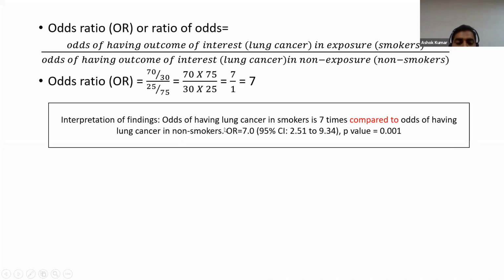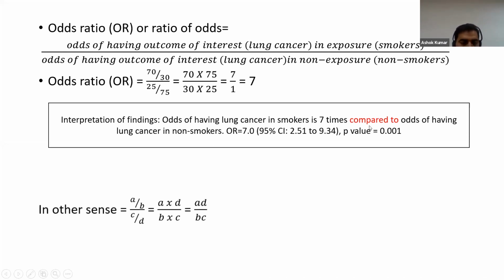And then you have to give this OR as 7.0, and this is a hypothetical value. I have put it here. Please don't think about this 95% and p value. It is very significant. So please don't smoke. And no need to write down 'compared to'. You just write odds of having lung cancer in smokers is 7 times, comma, odds of having lung cancer in non-smokers. So it gives the same meaning.